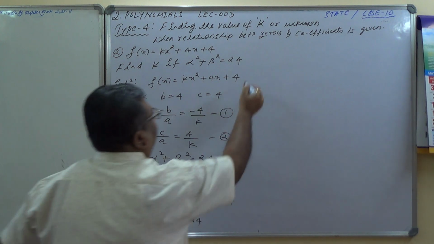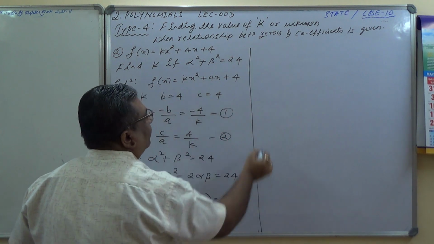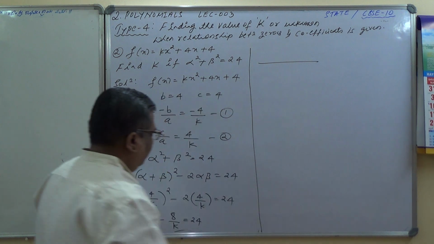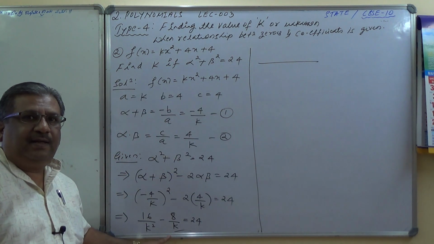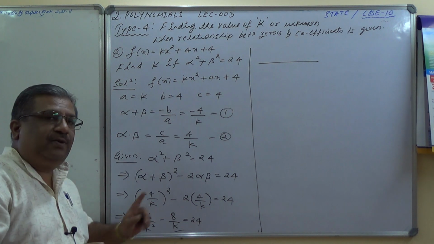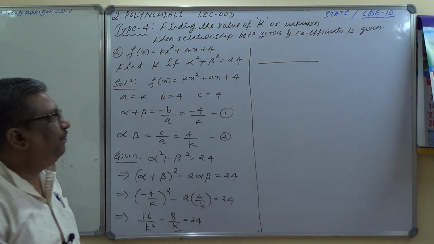What is the LCM here? Dear students, if it is k square and k, the LCM is not k square into k, it is simply k square.